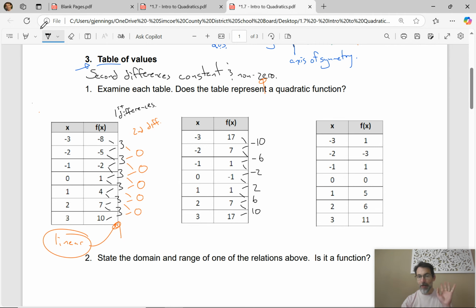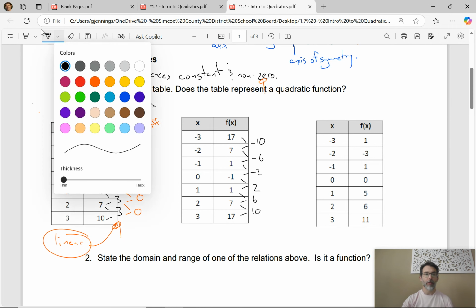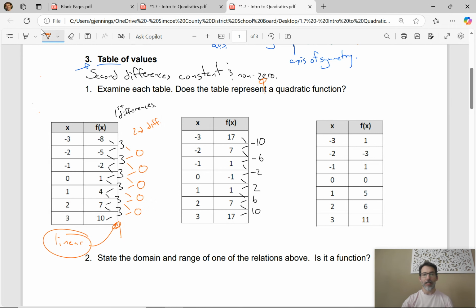Cool. What we've got here are some second differences, which get bigger by 4, and bigger by 4, and 6 and 10 get bigger by 4. Okay? So this one has constant second differences that are non-zero.